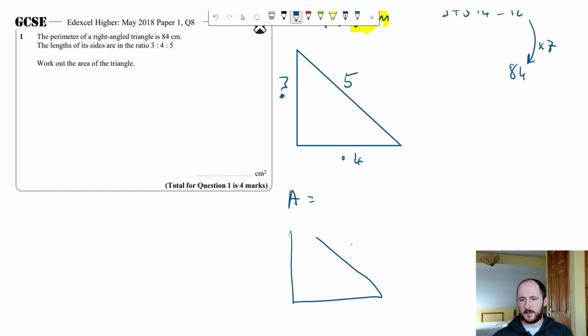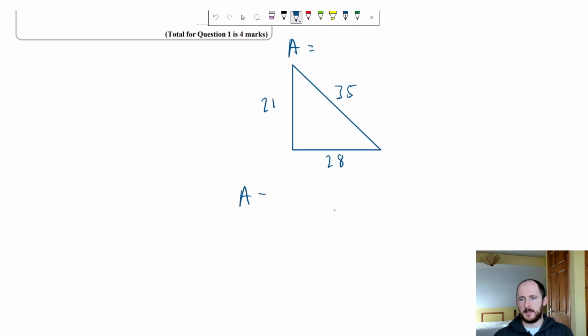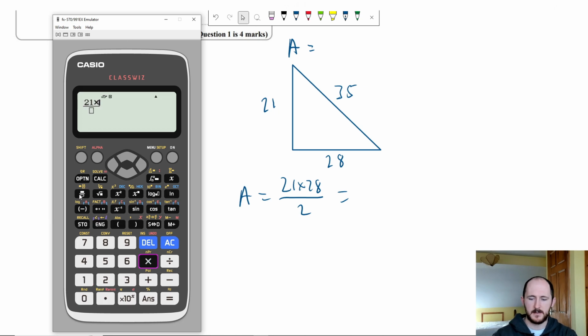So draw out another triangle. 3 times 7 is 21. 4 times 7 is 28. 5 times 7 is 35, which means the area is just going to be 21 times 28 over 2. And I'm not going to do that in my head because I can't. Actually, could I? Maybe.